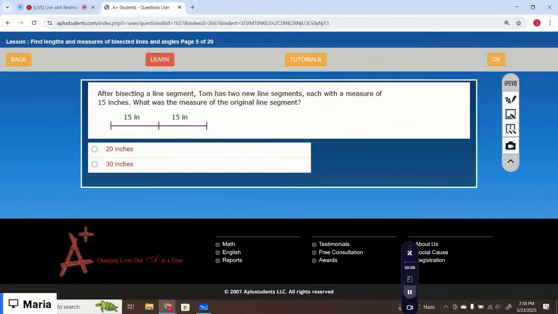What was the measure of the original line segment? That is 15 plus 15 equals 30. Option number 2 is the correct option.